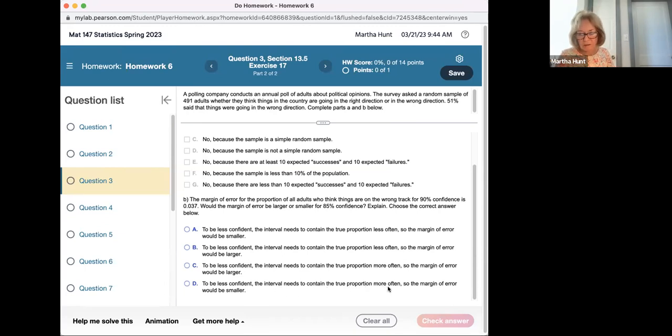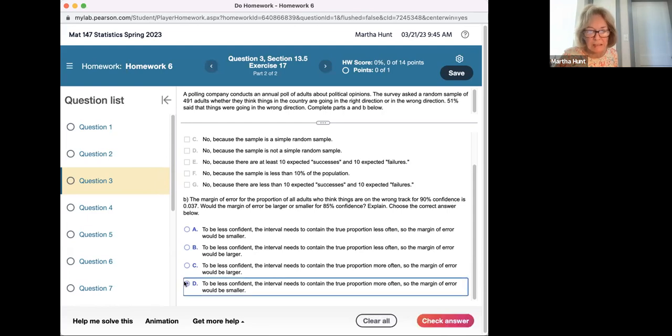More often. Okay. So the margin of error would be smaller. So think about it. Your z-value is getting smaller. As your z-value gets smaller, things get closer and closer together. So you get a smaller margin of error. So the answer would be D. Let's check it.